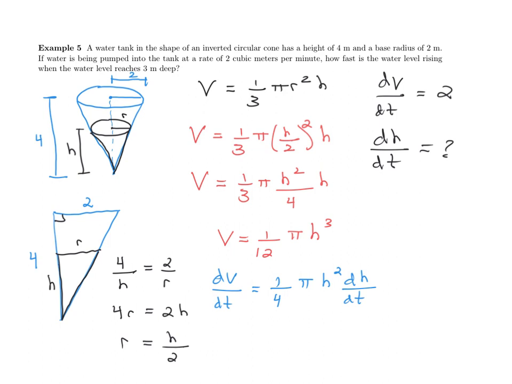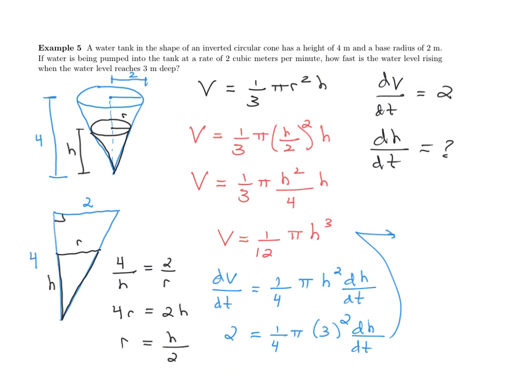If we plug all this in, we get 2 is equal to 1/4 pi. H is 3, because we're told we want to know this rate when the water level reaches 3 meters. So that's 3 squared times dh dt. Okay, this means I'm going to multiply 4 to this side, divide pi, and divide 9.